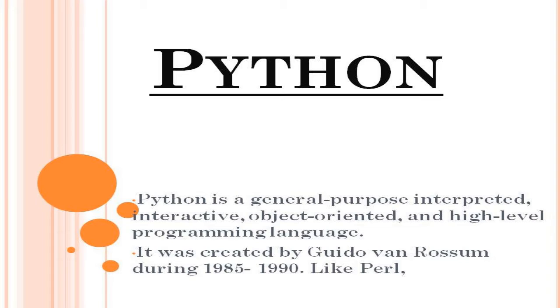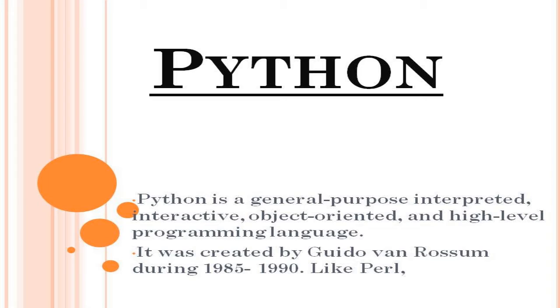Okay, so Python is basically a programming language. It is almost similar to other programming languages out there in the market, just like C, C++, Java, COBOL, even PHP, Perl, JavaScript, HTML.